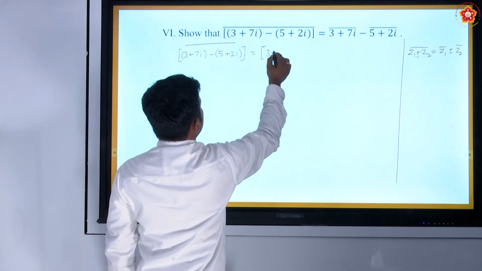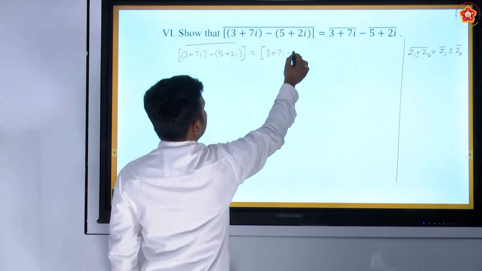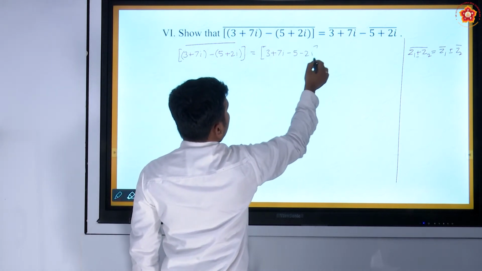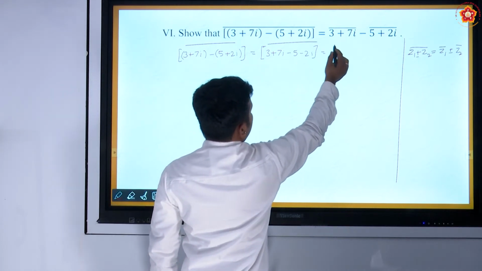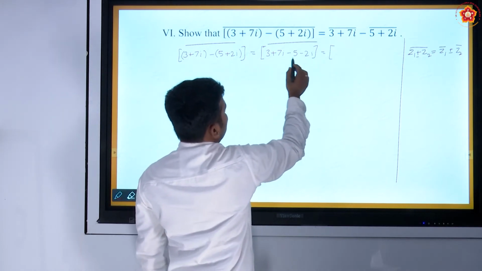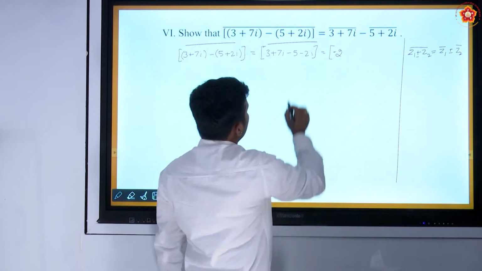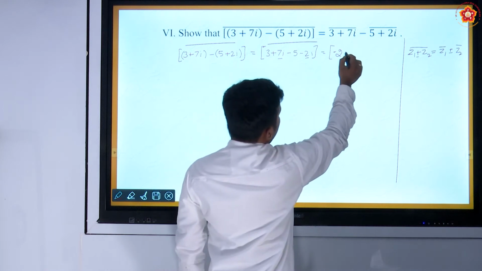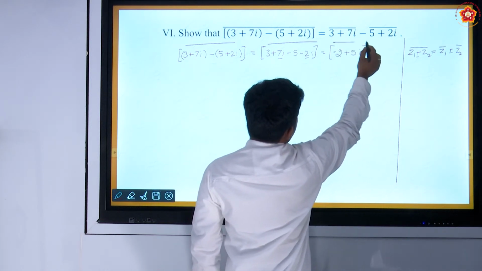So now this is 3 plus 7i, you just multiply the minus into 5 and 2i, conjugate. So now this is equal to 3 minus 5, that is minus 2, and 7i minus 2i will be plus 5i, and its conjugate.